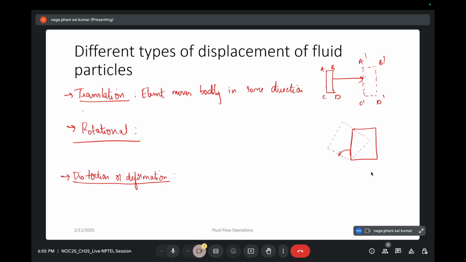In these two motions no stress will be generated, whereas in this third type of displacement of fluid particles, stress will be produced. The first one is angular distortion and the second one is linear distortion.